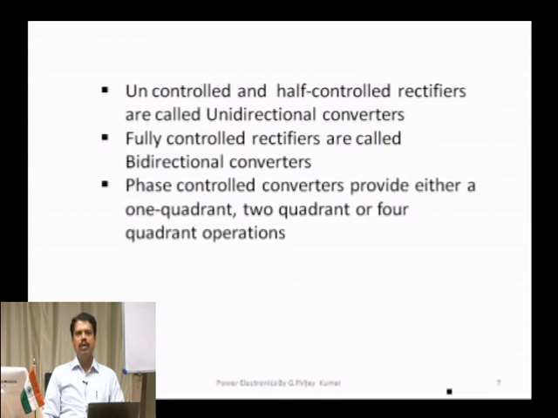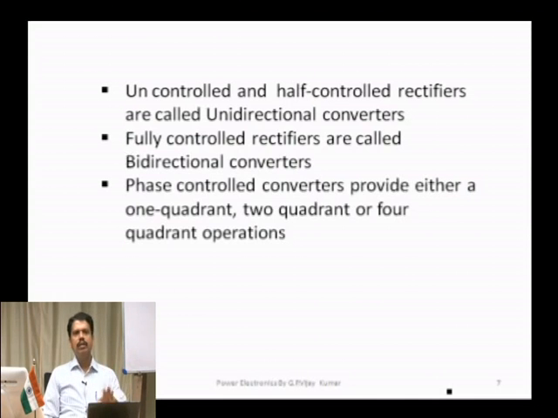The phase control converters provide either 1 quadrant, 2 quadrant or 4 quadrant operations. So, that is an advantage of phase control converters, whereas uncontrolled ones work in only one direction. The phase control converters have the flexibility, you can make them work in 1 quadrant or 2 quadrant. 1 quadrant means both output voltage and current are positive.